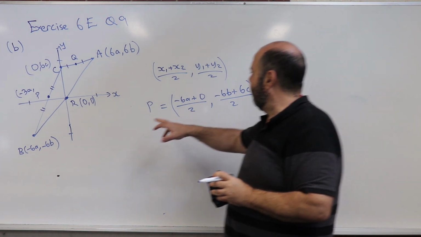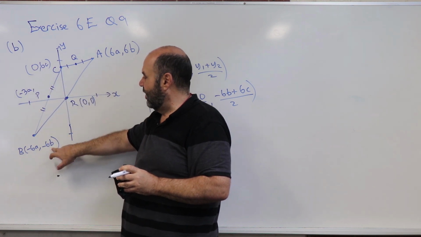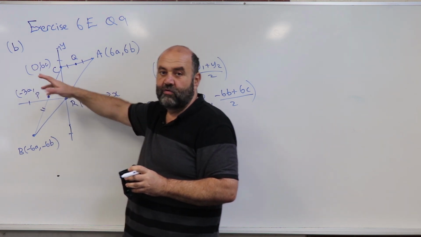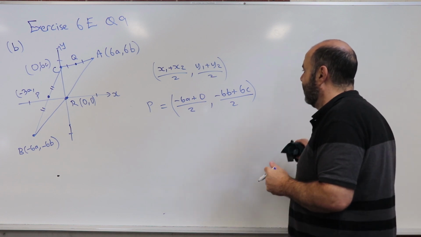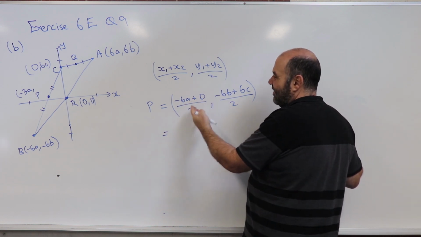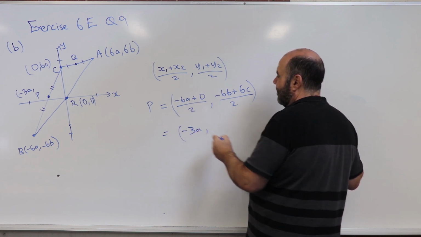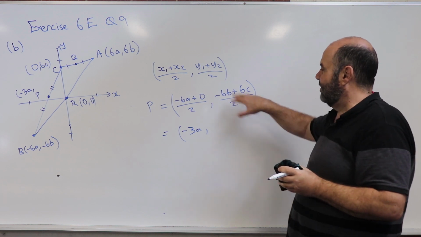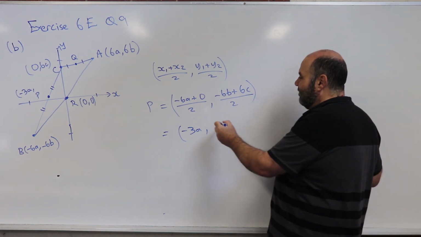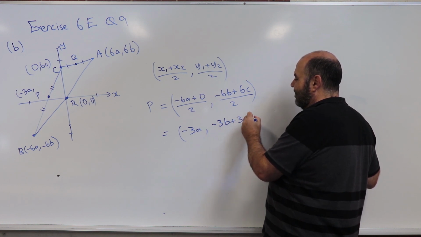Okay, so just x1, x2, y1, y2, just getting the averages of both. So here we're going to get negative 6A plus 0 is negative 6A divided by 2 is negative 3A. Over here I can divide everything by 2, so I get negative 3B plus 3C.